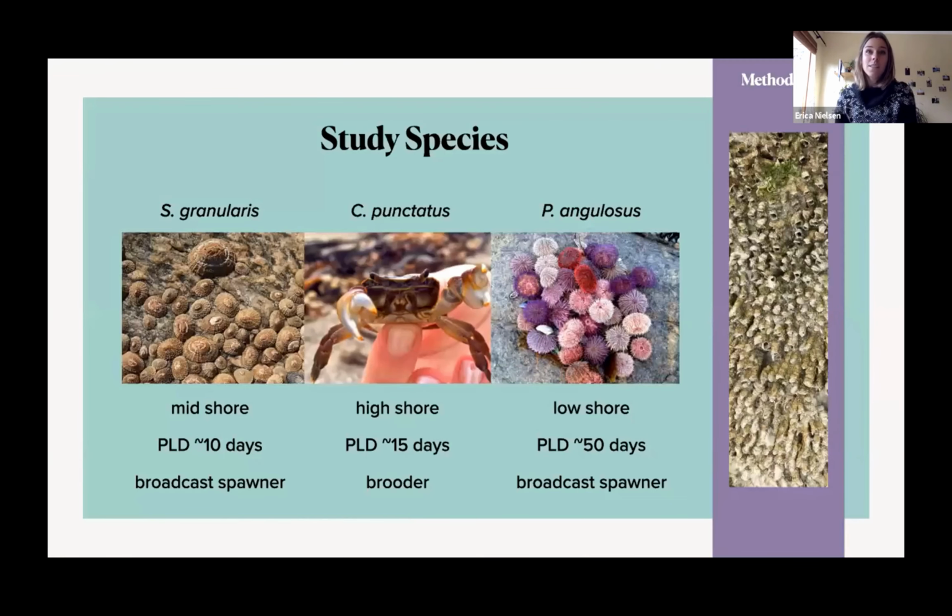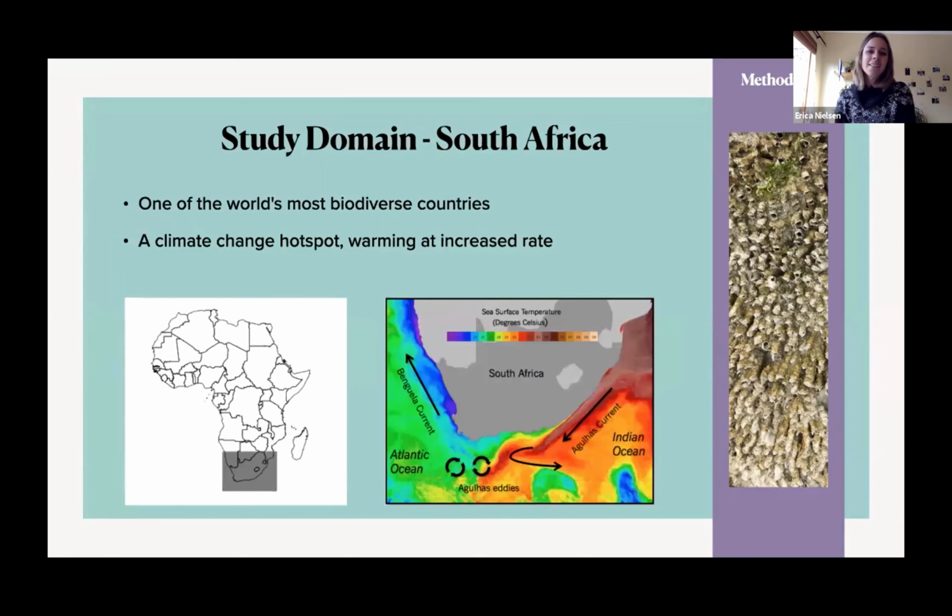So here are our study species. We chose them as they have the largest molecular data sets for the region, and they also can capture the different rocky shore ecological niches as much as 3 species possibly can. As I mentioned, this study was conducted within South Africa.